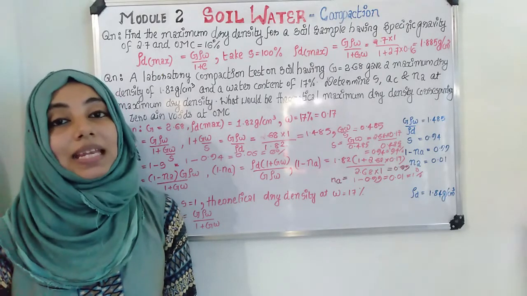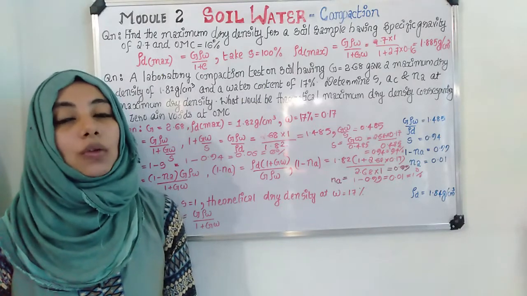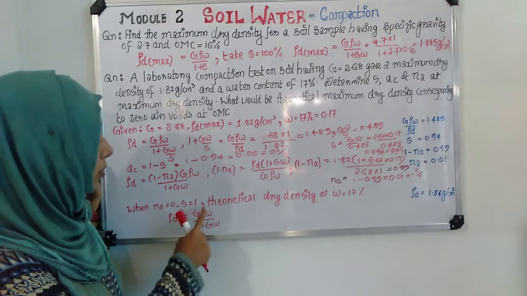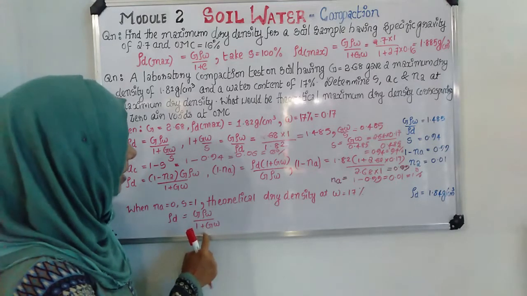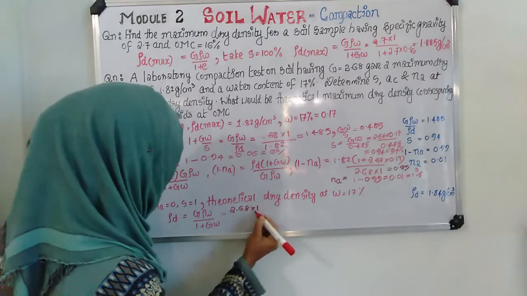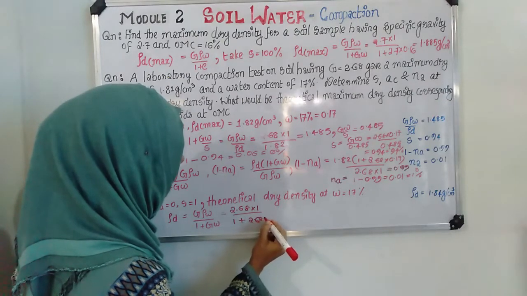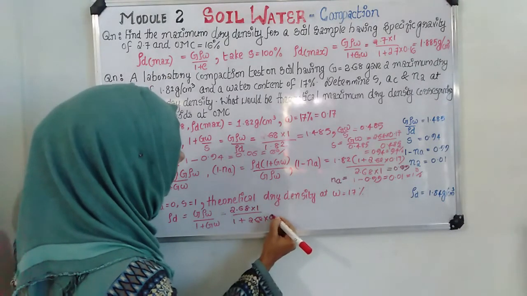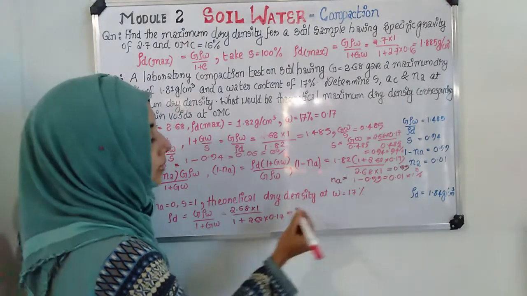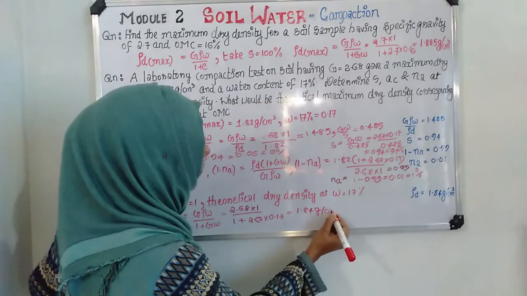Then we take Na equal to 0, or S equal to 100%, or S equal to 1. Substituting in the expression rho d is equal to G rho W by 1 plus GW, G equal to 2.68, rho W equal to 1, divided by 1 plus G 2.68 into optimum moisture content, that is our water content, equal to 0.17. Then we obtain a value of rho d equal to 1.84 gram per centimeter cube.